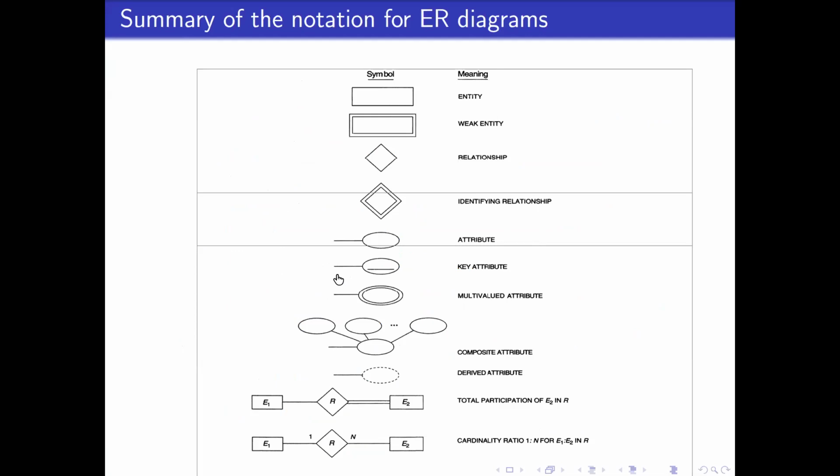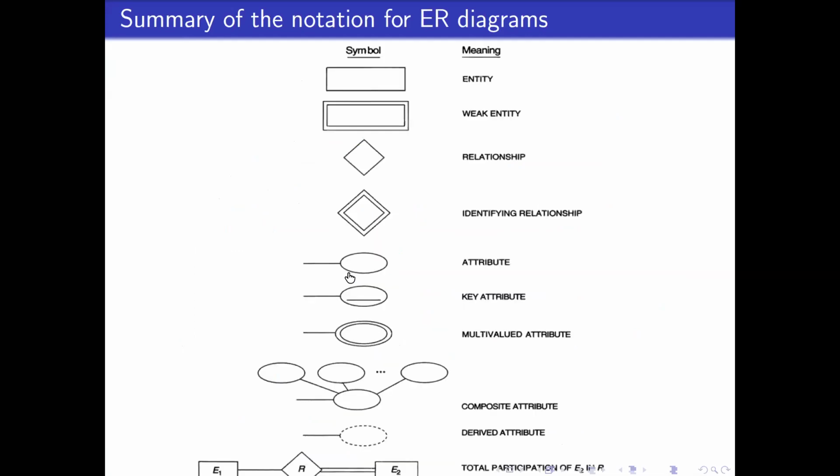Right. Now here are the symbols we use. Entities or entity types we represent using a rectangular box like this. Weak entities we have a double rectangle box like this. Relationships we have a diamond-shaped block. Identifying relationships have a double line block like this.